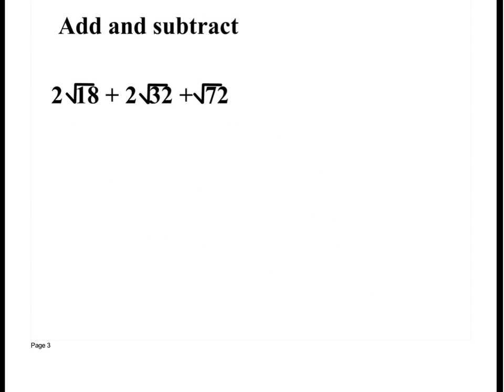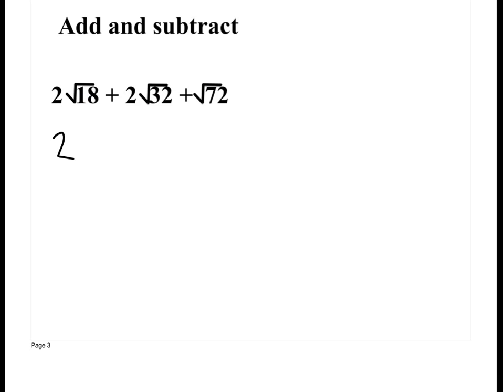Add and subtract 2 square root of 18 plus 2 square root of 32 plus square root of 72. This is an add and subtract expression with unlike radicands because they don't have the same expression underneath. So what I can do, however, is break these up as much as possible and try to simplify them.